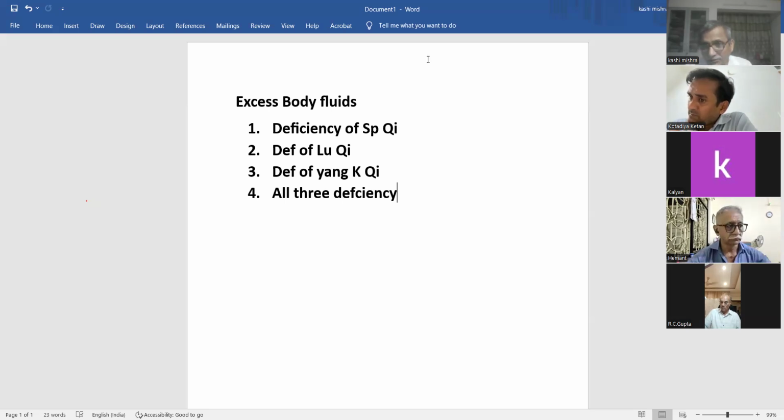You should know that what has happened, deficiency of kidney yang. Kidney yang means yang kidney. Kidney yang लिखा रहता है TCM में, but if you do it on the water side, that may not help you much. What will help you much?